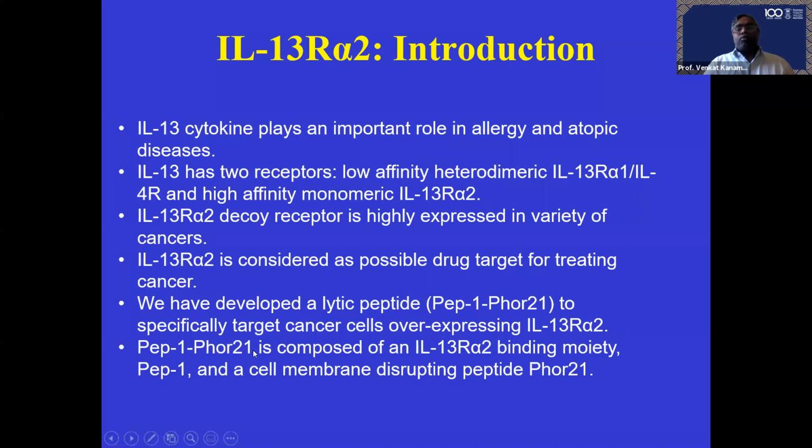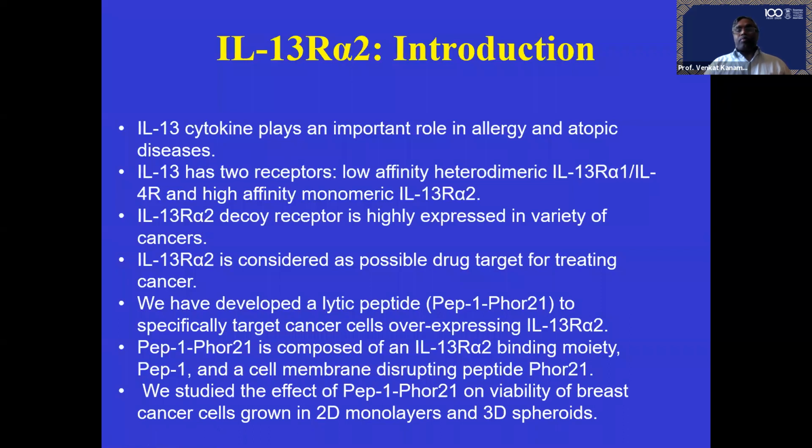The PEP1 421 peptide is composed of an IL-13 alpha-2 binding moiety, called PEP1, and a cell membrane disrupting peptide, 421. 421 cannot lyse cells unless it reaches a particular concentration, and that can be achieved by the binding of PEP1 to the receptor that is mainly expressed in cancer cells. So we tested whether PEP1 421 specifically kills cancer cells in 2D as well as 3D cultures.